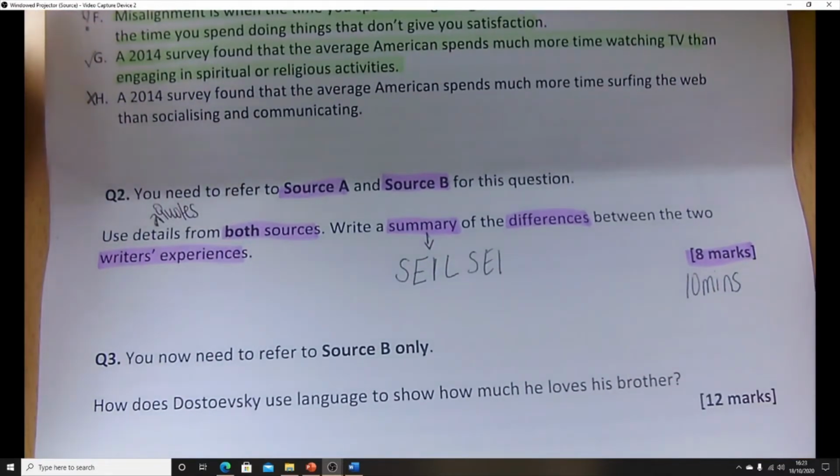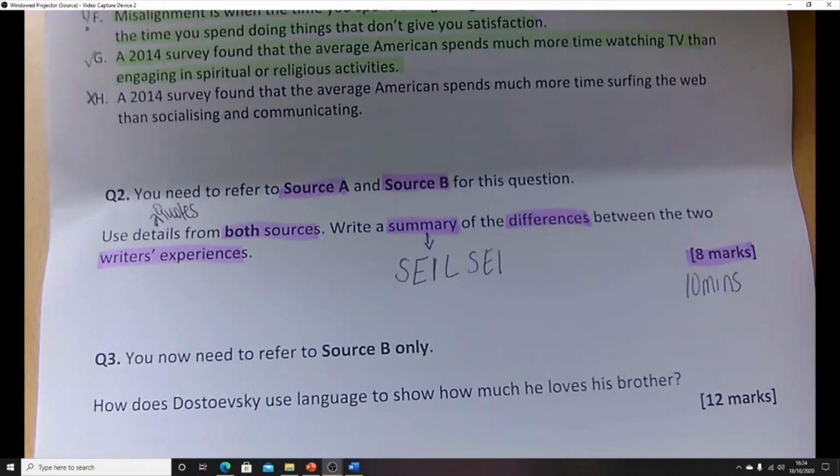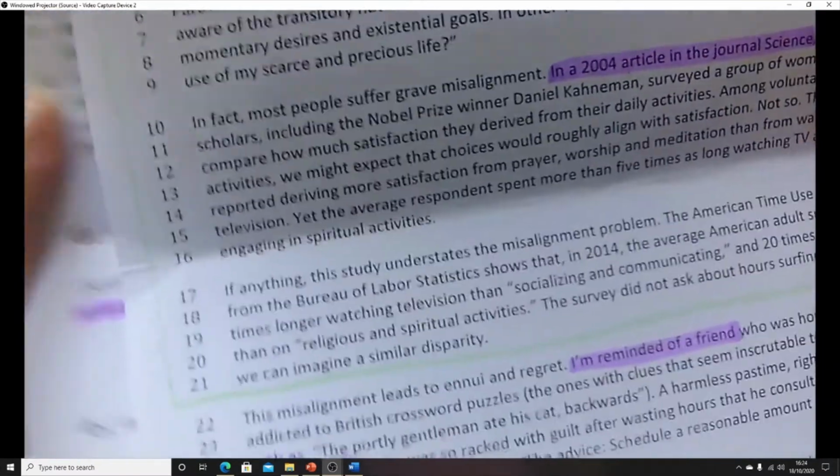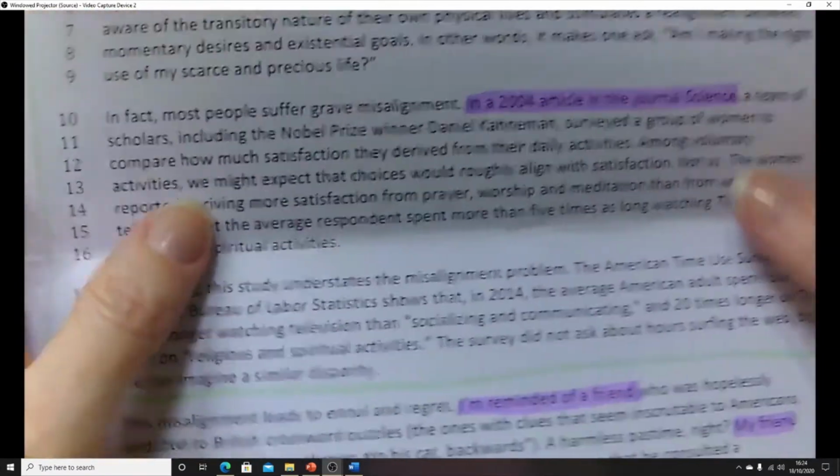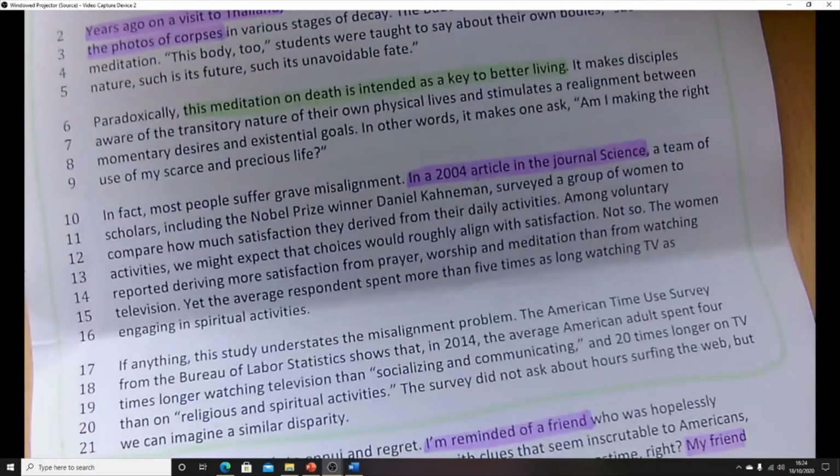Now, what I would suggest for answering this question is to write at least 4 paragraphs comparing two differences. So the way I'm going to do that, I am going to give an example of one of those differences, but obviously in the exam I would write about 2 differences in 4 paragraphs. So I'm going to go back to the extracts and pick out the 2 things that I would compare.